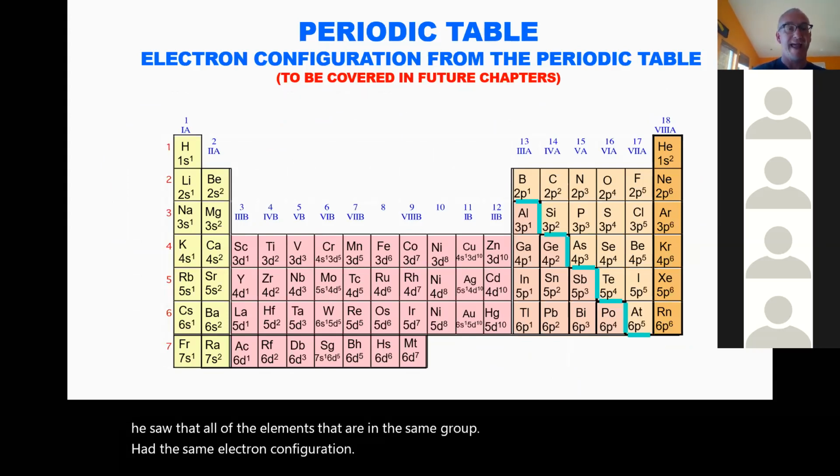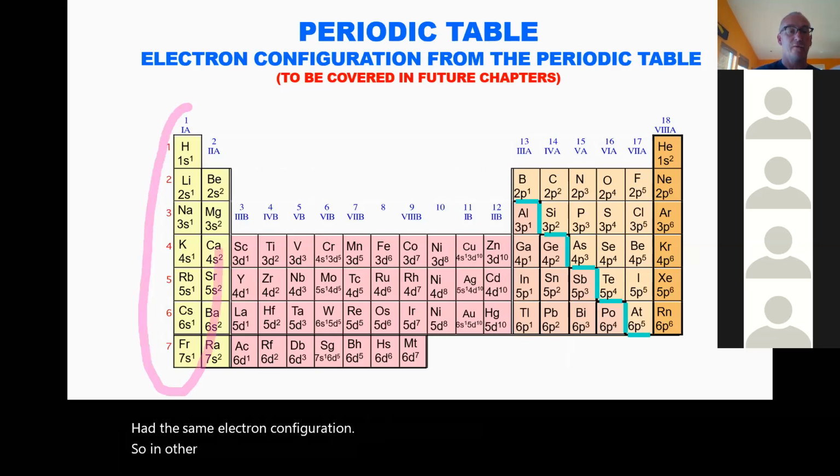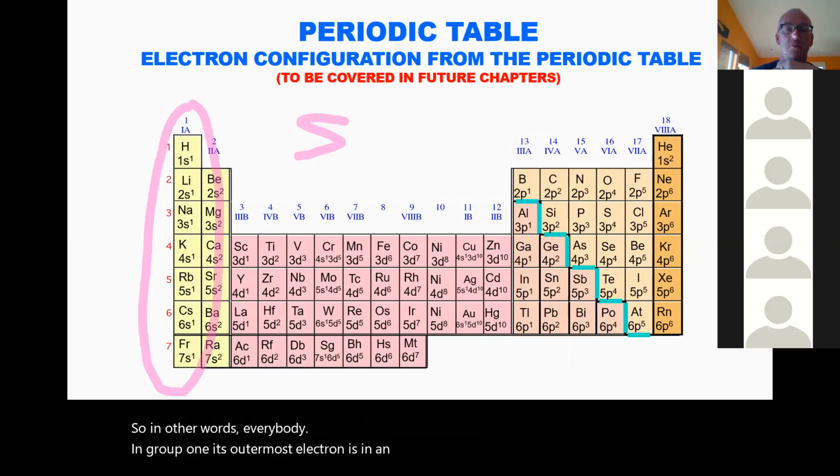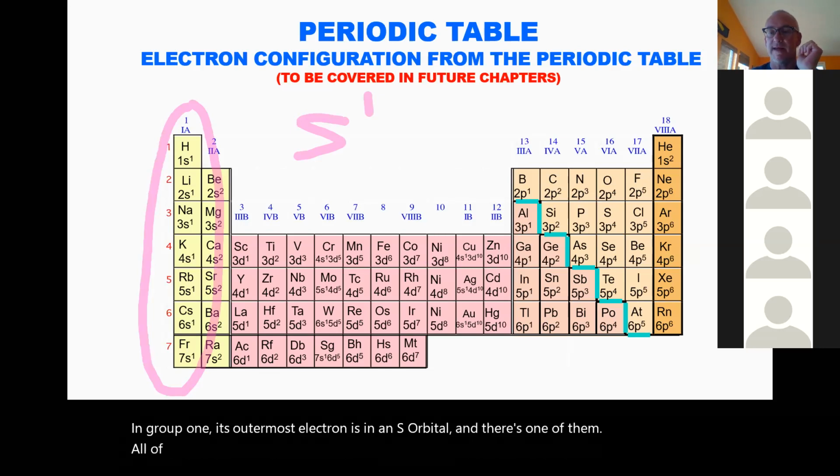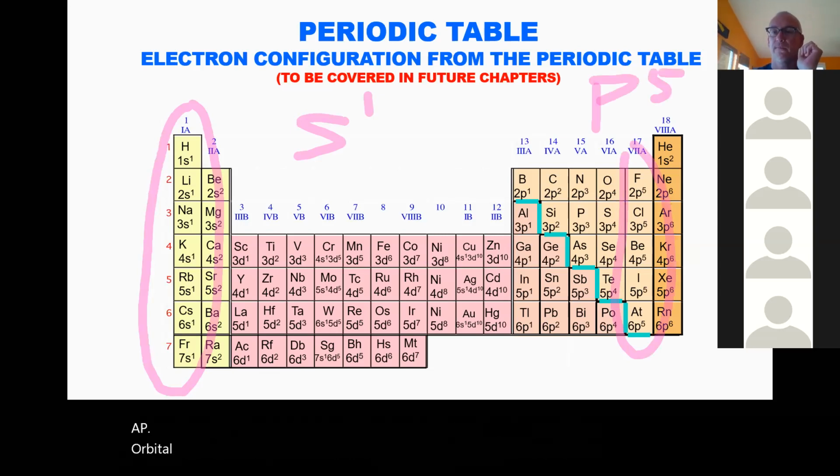So in other words, everybody in group 1, its outermost electron is in an s orbital, and there's one of them. All of them. And all of the halogens in their outermost shell has a p orbital, and there's 5 of them.